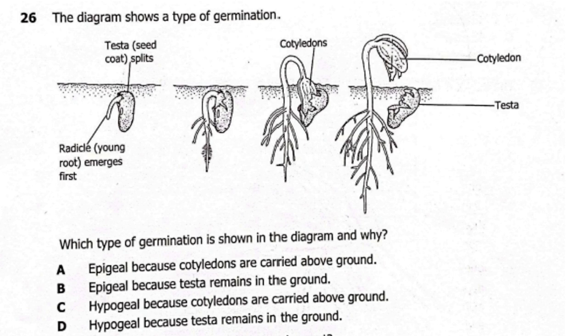A. Epigeal germination, because the cotyledons are carried above the ground. B. Epigeal, because the testa remains in the ground. C. Hypogeal, because the cotyledons are carried above the ground. D. Hypogeal, because the testa remains in the ground. The correct answer here is A. It's epigeal because the cotyledons are carried above the ground.